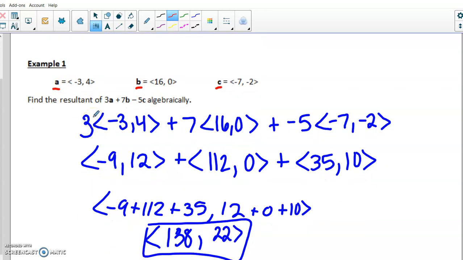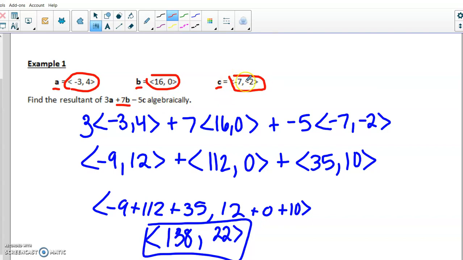It wants us to find the resultant, so the answer of doing 3 times A plus 7 times B minus 5 times C. So I'm just going to do 3 times A, which is -3, 4, plus 7 times B, plus, or I could say minus 5, but remember we could do plus the opposite of this, C.